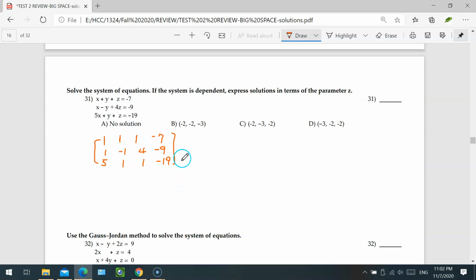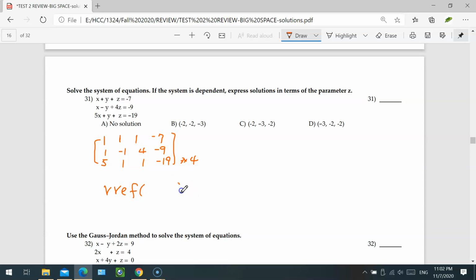So this is 3x4. Once you have the 3x4 matrix stored in your calculator, now we go pull out the matrix A doing the RREF.